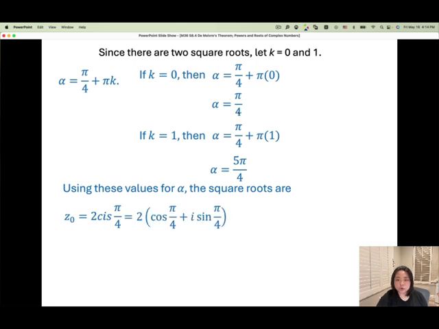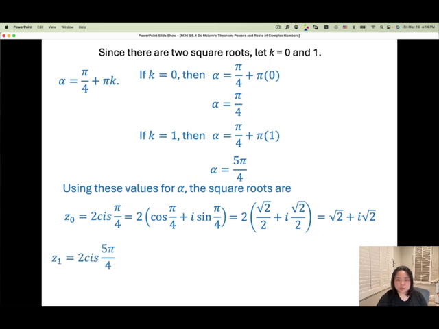Since the answer request will be the rectangular form, I try to write out the whole thing here. So cosine pi over 4 will be square root 2 over 2. Same idea with the sine pi over 4. And then we're going to distribute the 2. So you should get the first answer: square root 2 plus I square root 2.